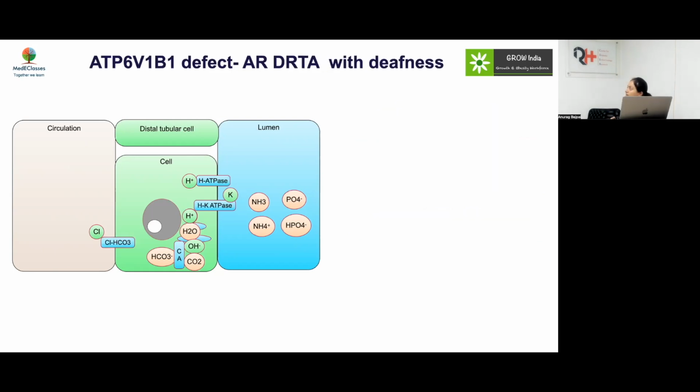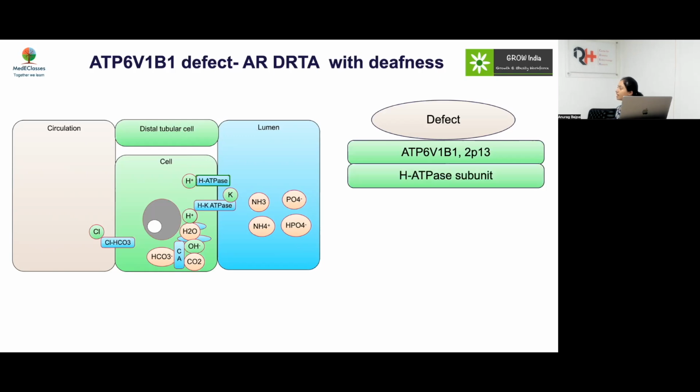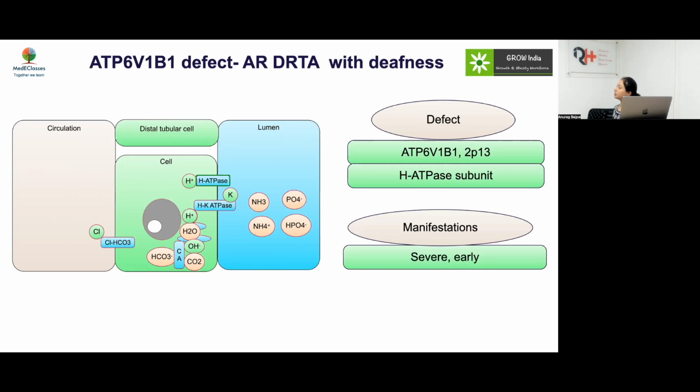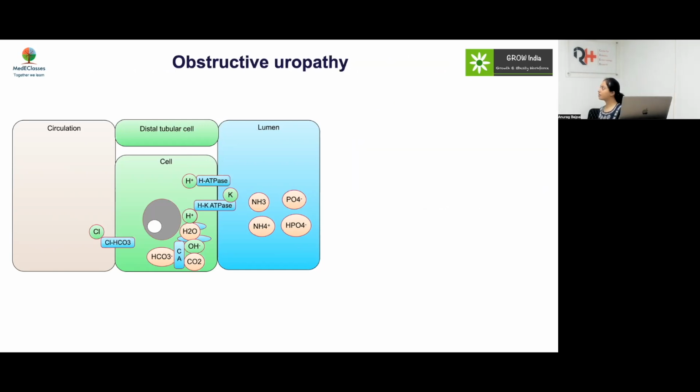The more severe one is the ATP6V1B1 defect. Here the defect is in the proton ATPase channel, and as we've seen with the classical pathophysiology, there is a proton secretion defect. These children present with early onset distal RTA, more severe clinical manifestation, and they have associated sensorineural hearing loss.